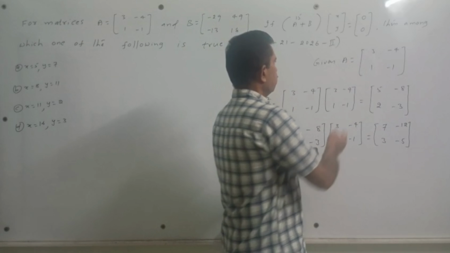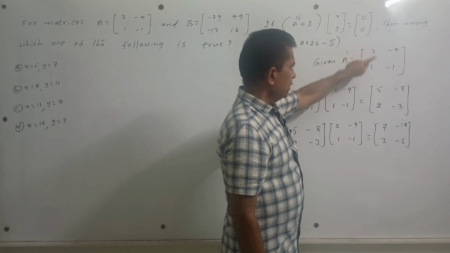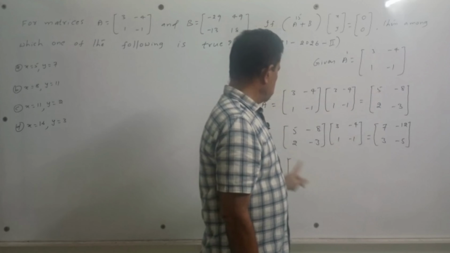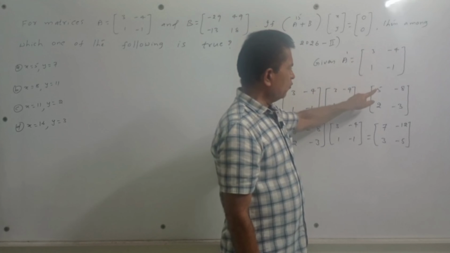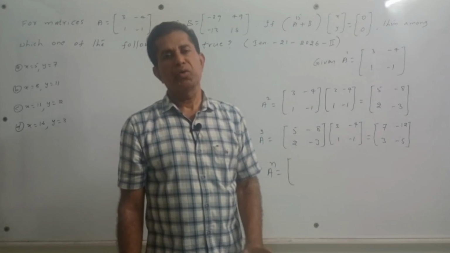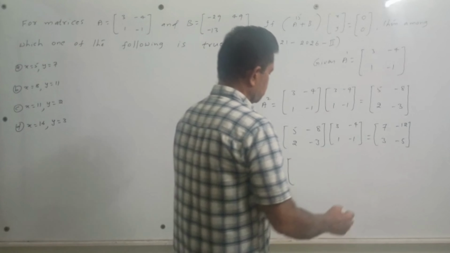In A to the power of 1, the first element is 3. In A square it is 5. In A cube it is 7. So 3, 5, 7 are in arithmetic progression with common difference 2.